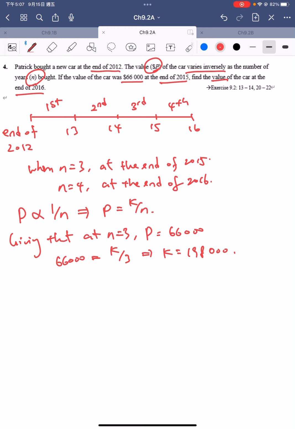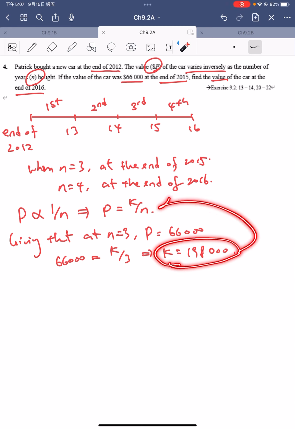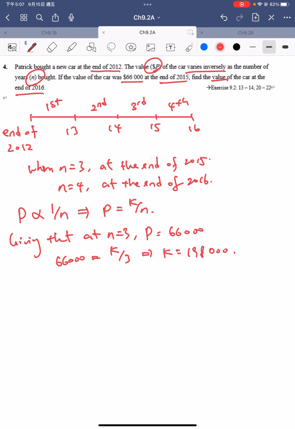After that, we need to find the value at the end of 2016. First we find the formula connecting P and n. We substitute the variation constant back into the equation, so P is equal to 198,000 divided by n. That's our formula.